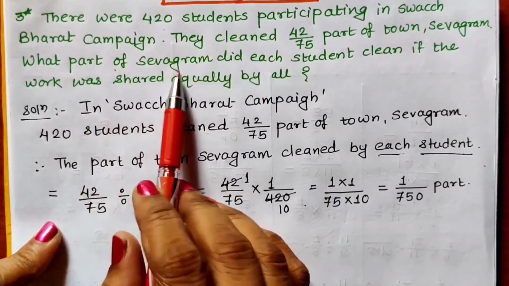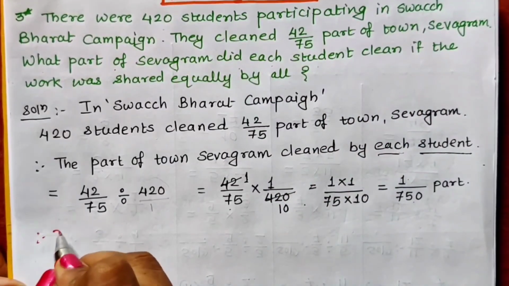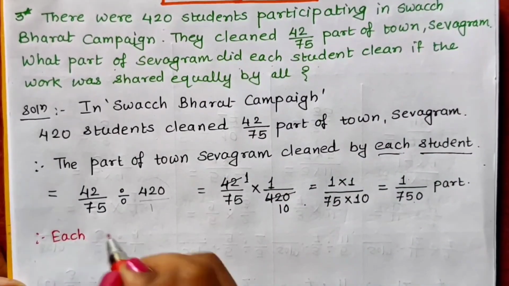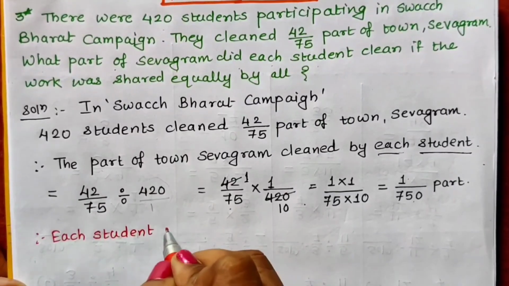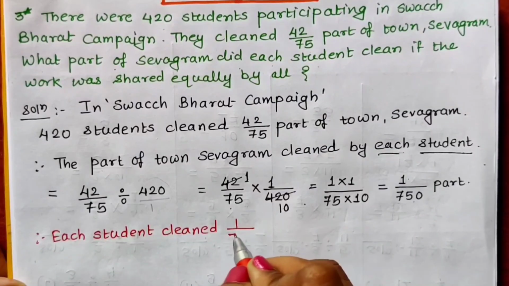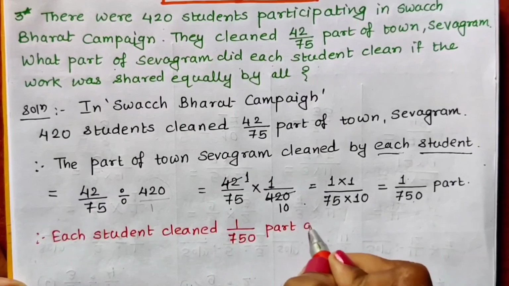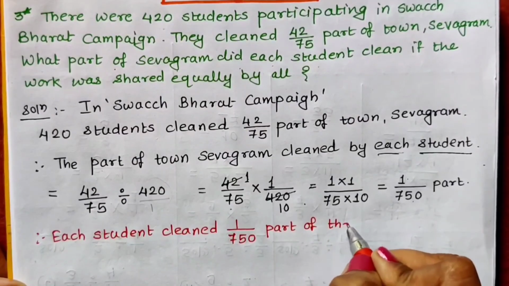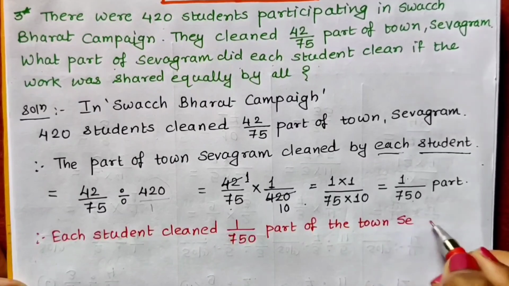Question is, what part of Sevagram did each student clean? Therefore, each student cleaned 1 upon 750 part of the town Sevagram.